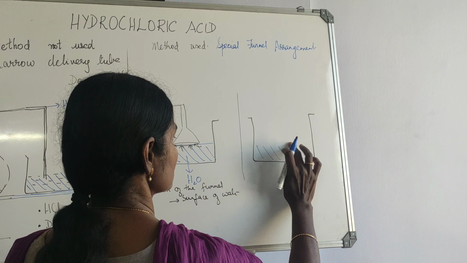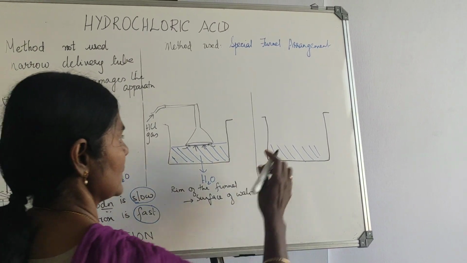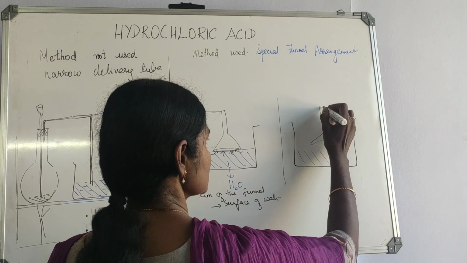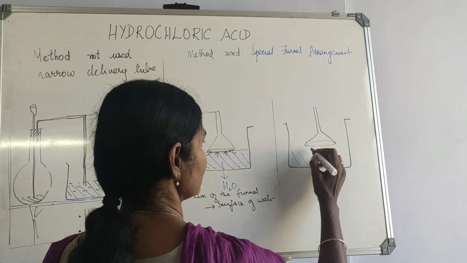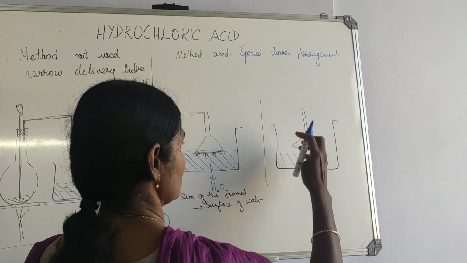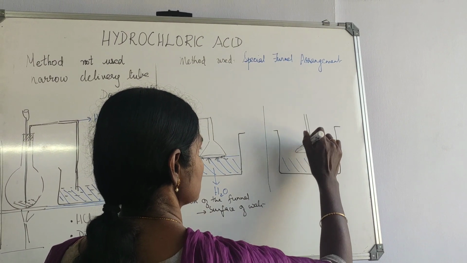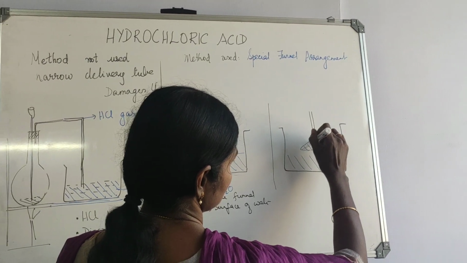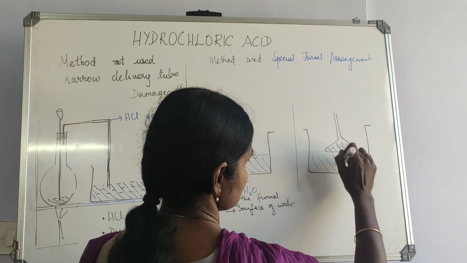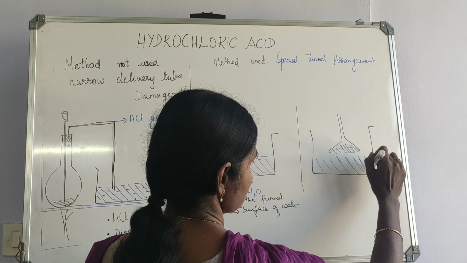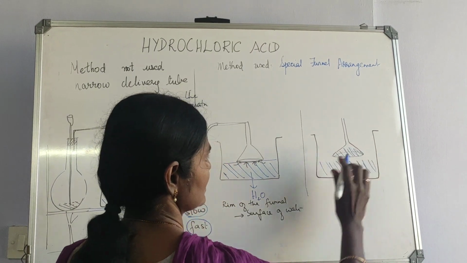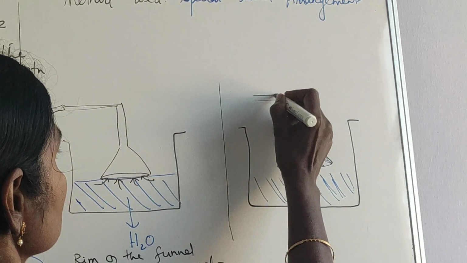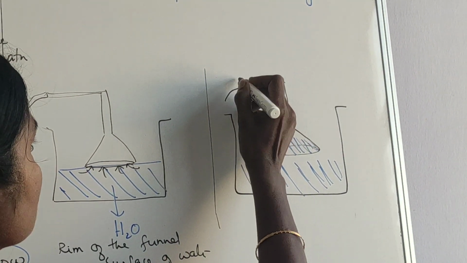So the level comes down slightly, and that water has entered the funnel. There's a little bit of water that has entered the funnel, and there is a gap in between the funnel and the water in the trough.